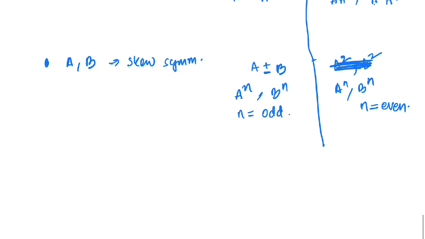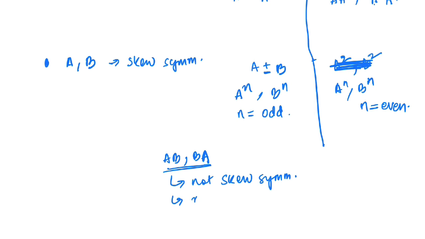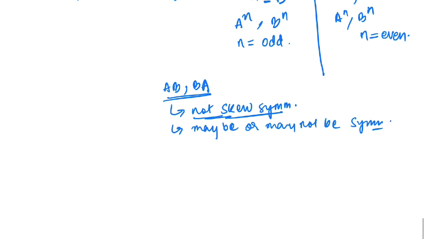And one note: AB or B into A are not skew symmetric, but we do not know if they are symmetric or not. Maybe or maybe not symmetric, but one thing we know for sure is that it is not skew symmetric.